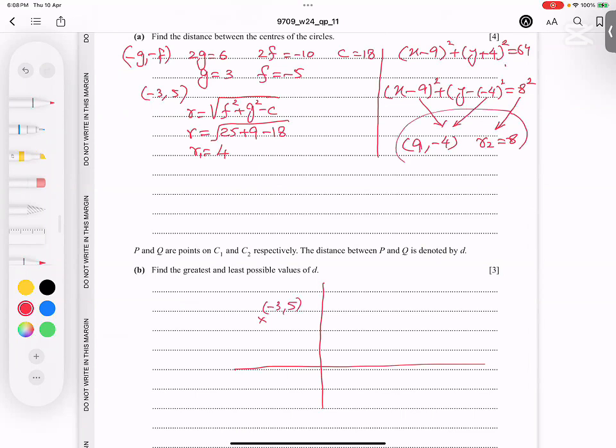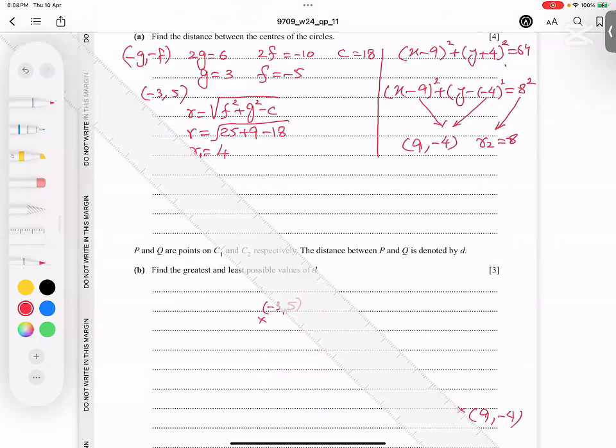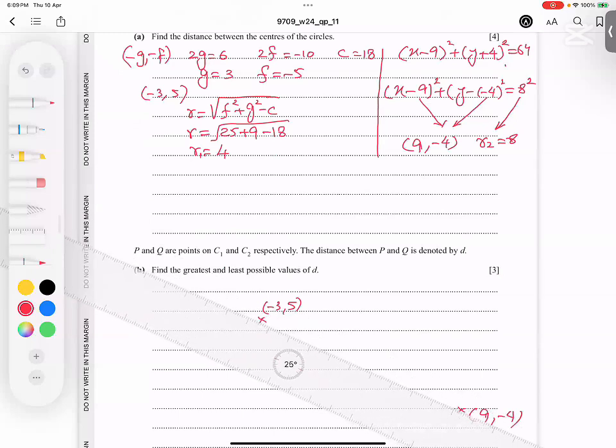And where is this center, 9, negative 4? So 9: 1, 2, 3, 4, 5, 6, 7, 8, 9, and 4 down, approximately here. So 9 and negative 4. Okay, I'm erasing these two lines. If I join these 2 points with a scale, I'll get a line joining the centers. So this is very clear.